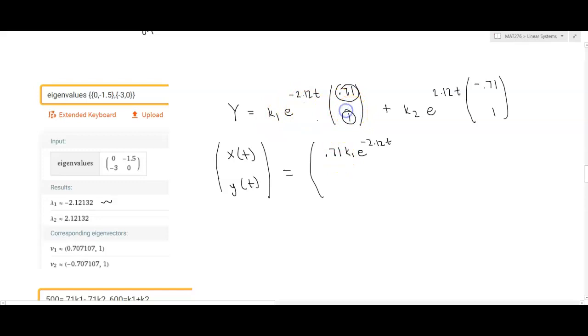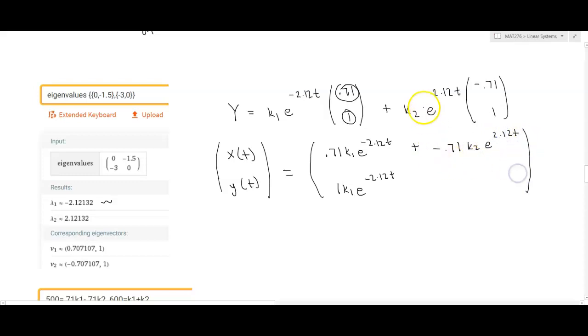And now for y of t in the bottom, I'll have 1 k1 e to the negative 2.12t. Now for the second term, I'll have plus k2 e to the 2.12t times negative 0.71. So minus 0.71 k2 e to the 2.12t.